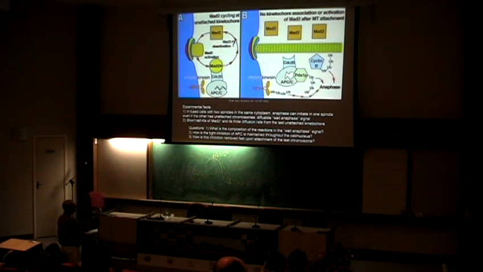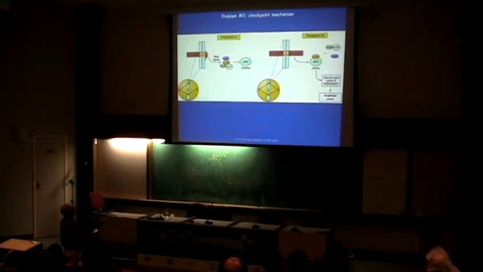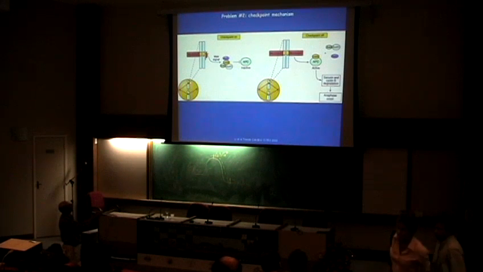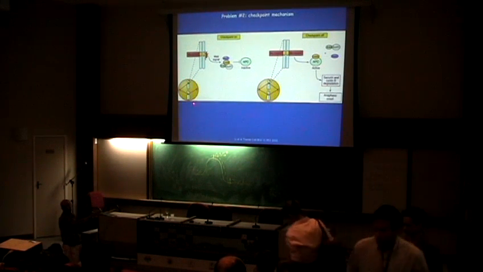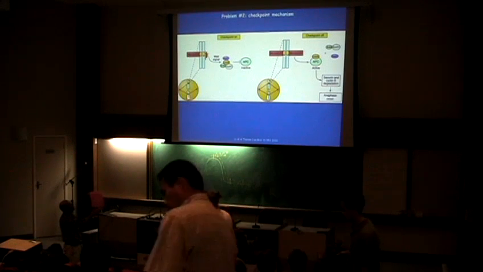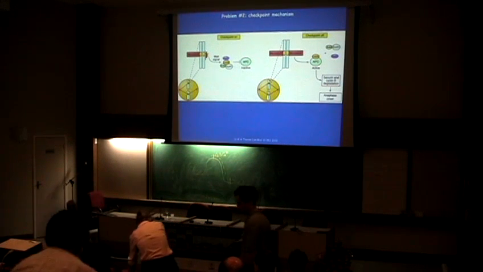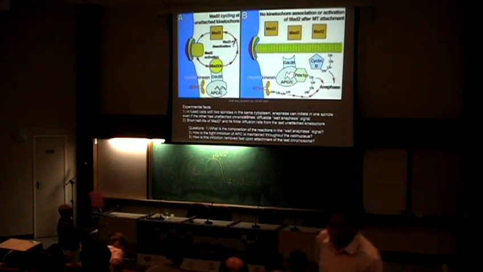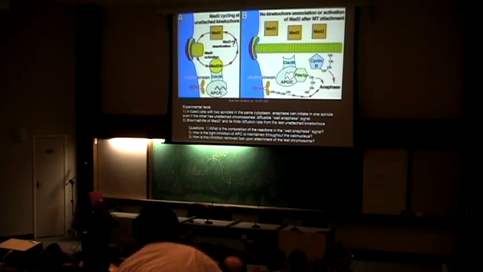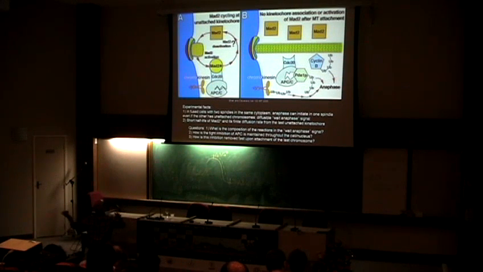Because if it wasn't diffusible, this kinetochore should send a signal to every other chromosome. So the signal should somehow get around in the whole nucleus. But at the same time, what this experiment is saying is that the signal shouldn't diffuse too far. It should die out relatively soon in the cytoplasm.